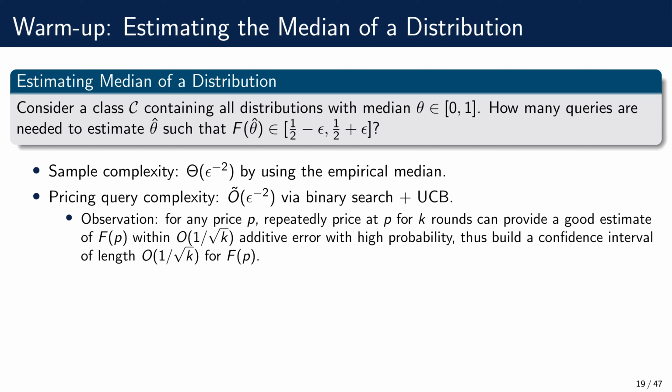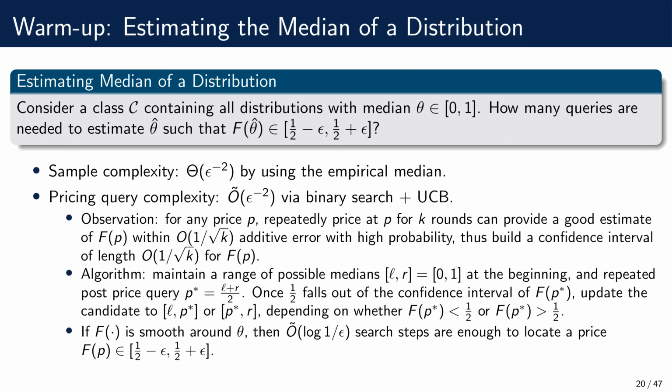Thus, the K samples give a confidence interval of length 1 over square root K that contains the true value of F(P). Building on this observation, we can have the following binary search algorithm.